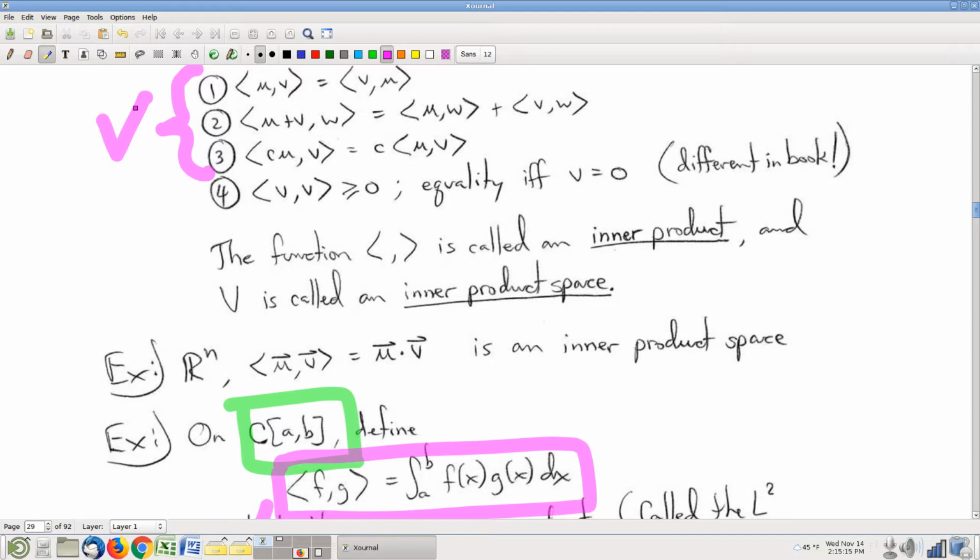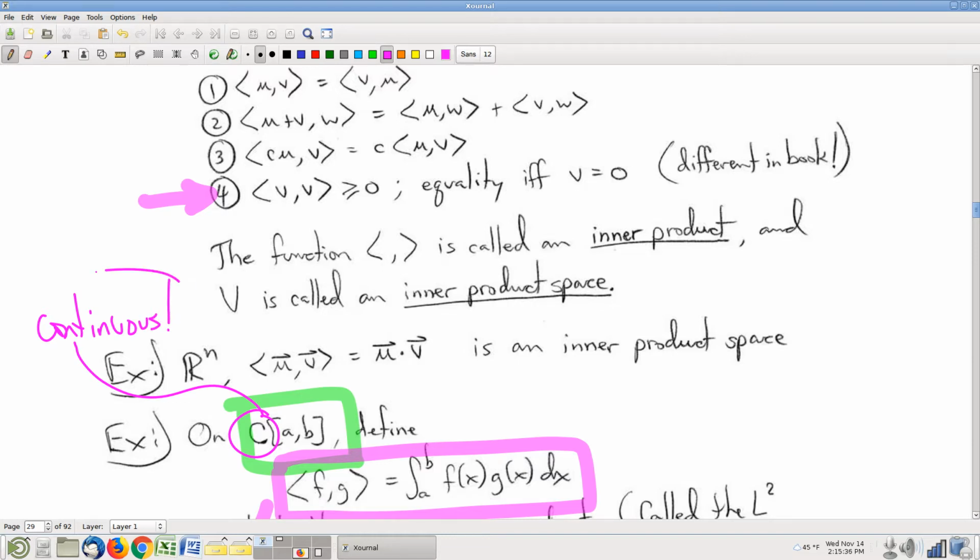Good problem. This fourth one is not that easy. This fourth one requires some careful work. It requires taking specific advantage of the fact that these functions are all continuous. The fact that they are continuous is necessary to do that proof of property number 4.